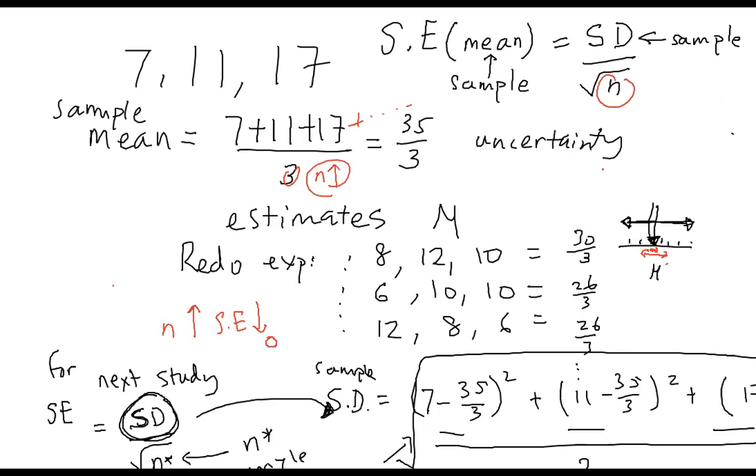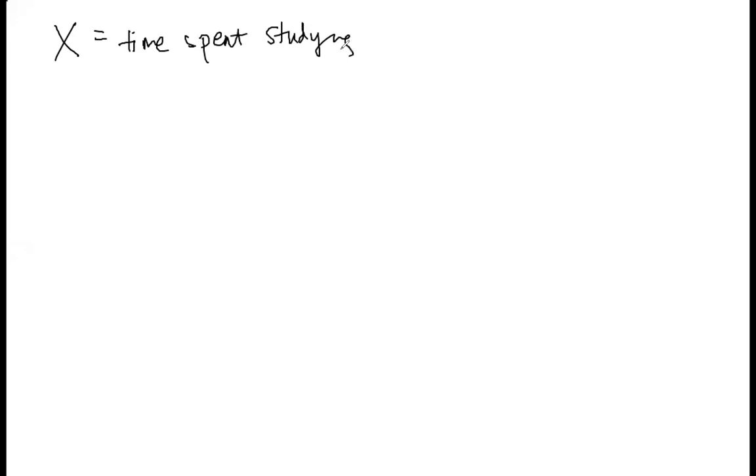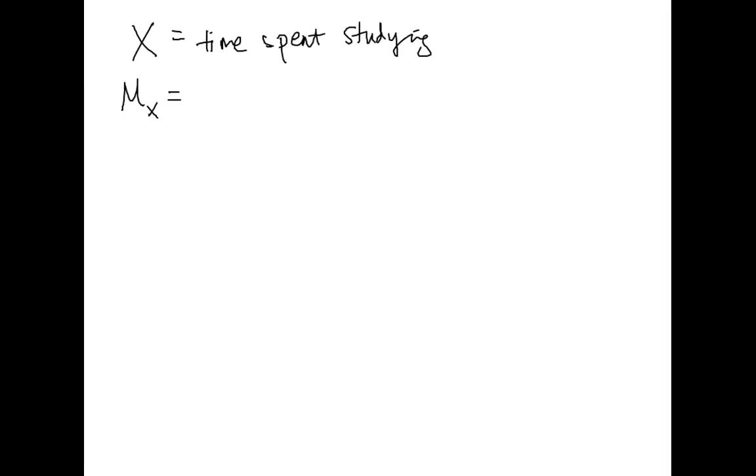So let me clear this. In this case, let's say your X is the time spent studying for science students. The mean of your X, the population mean, is 8.4 and your standard deviation is 2.7.